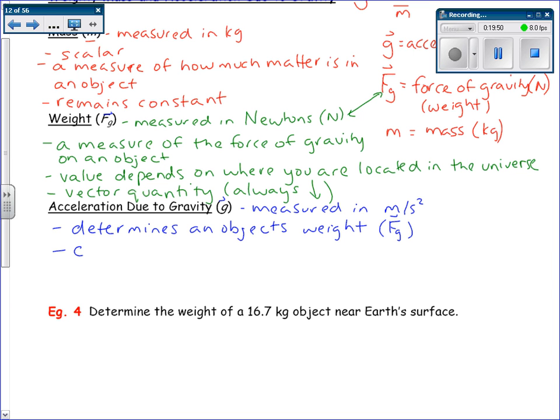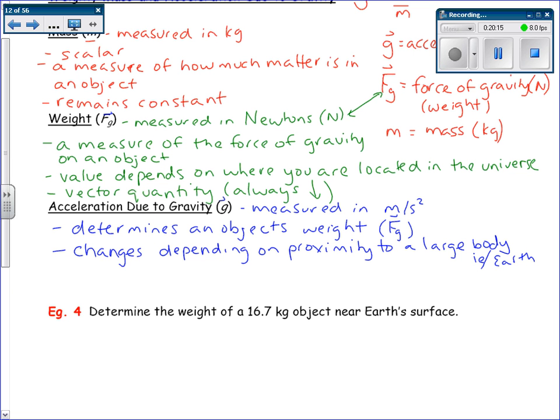It changes depending on the proximity to a large body, so something like the Earth or the Moon.